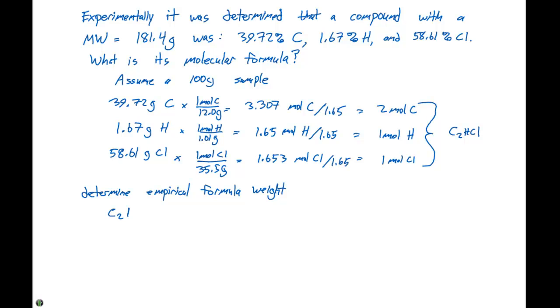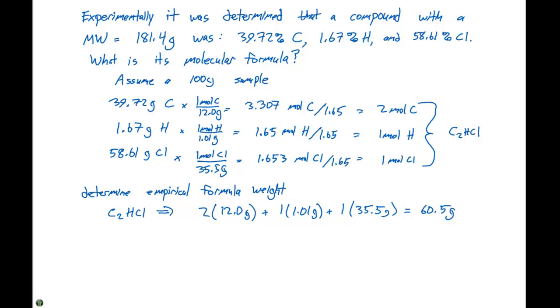So if we have C2HCl, we have 2 times 12.0 grams plus 1 times 1.01 grams plus 1 times 35.5 grams. This is going to be the empirical formula weight of this particular complex. So that is going to give us 60.5 grams for our empirical formula weight.